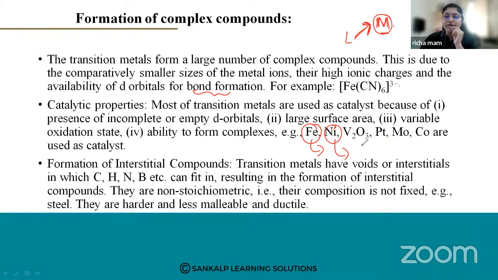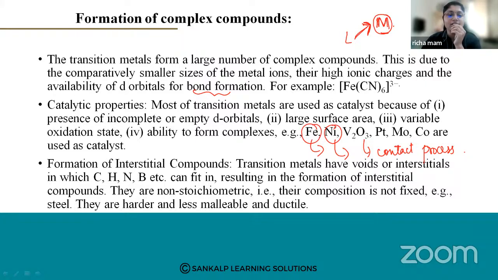Then vanadium oxide. This acts as a catalyst in a process called the contact process. The contact process is a process where we manufacture sulfuric acid. Which acid are we manufacturing? Sulfuric acid. So for the manufacture, we use a compound of vanadium oxide. These are some examples of catalysts.